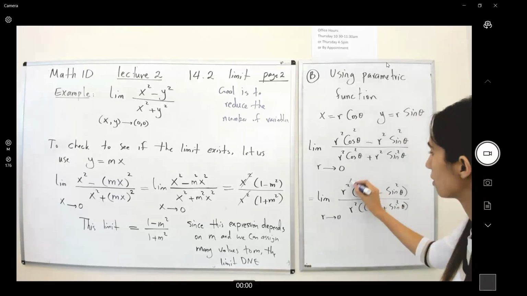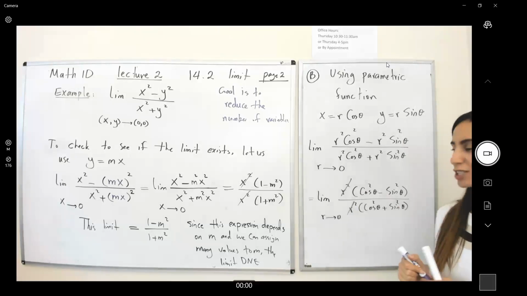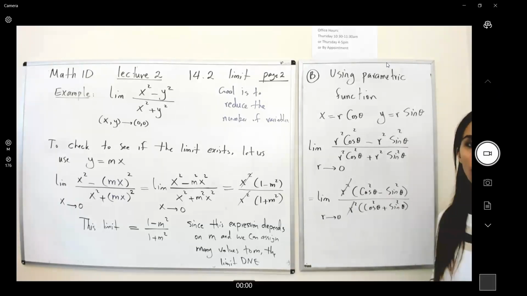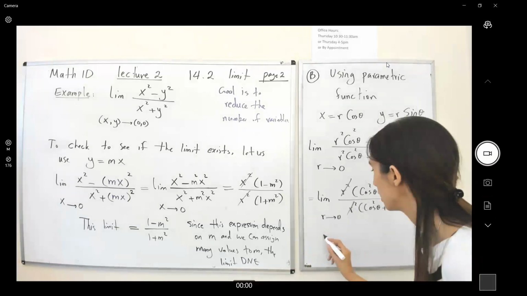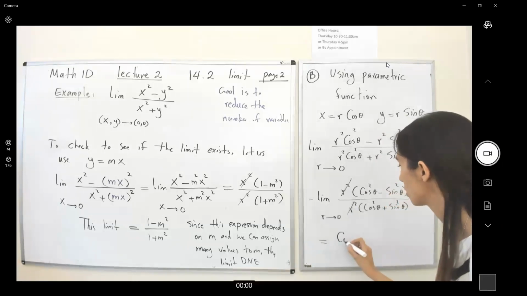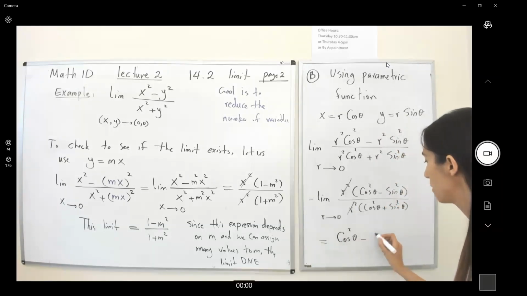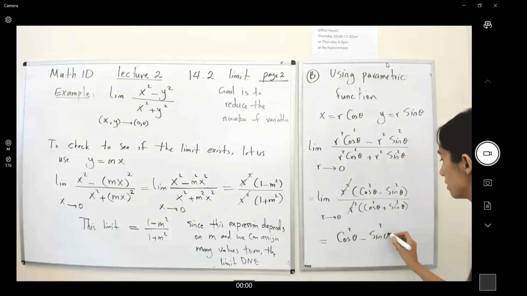We can cancel out r squared and r squared. On the denominator, you have 1, so the limit is equal to cosine squared theta minus sine squared theta.